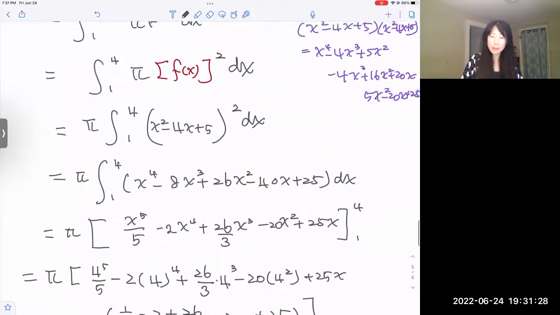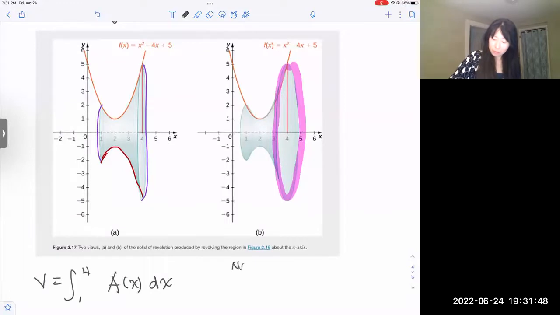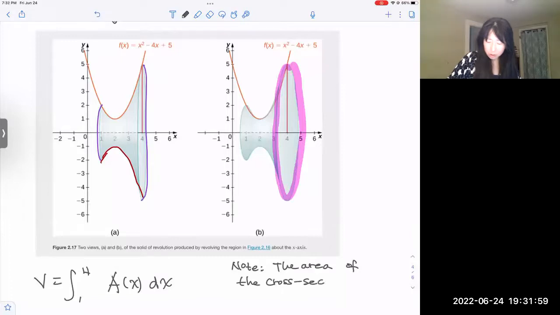So in this case, they say that they cut, right? They cut, then slice, then they get the circle, right? So the area of the cross section means slicing, cutting, right?